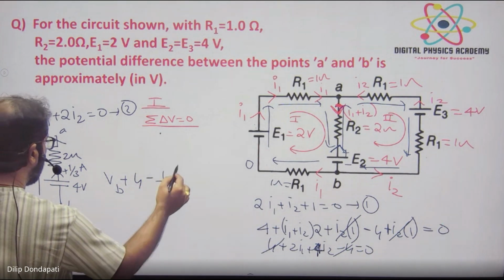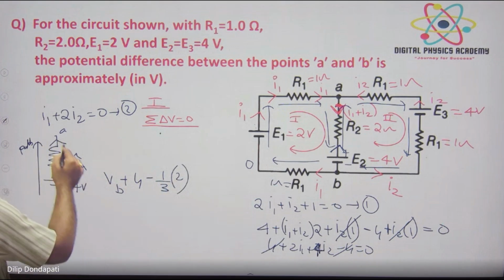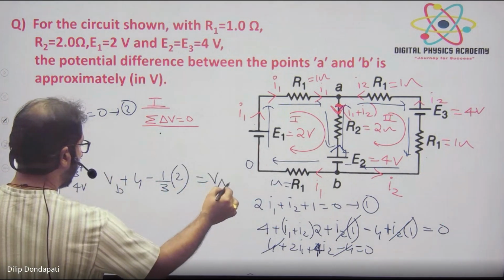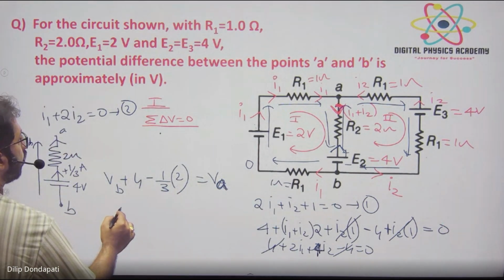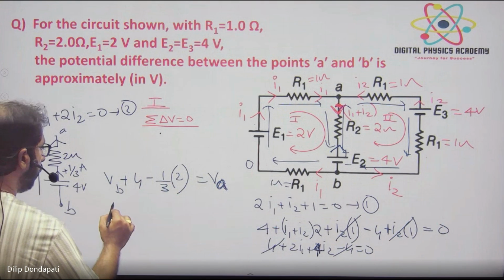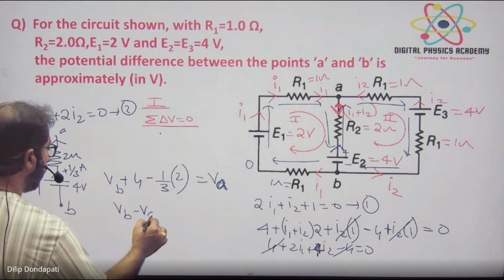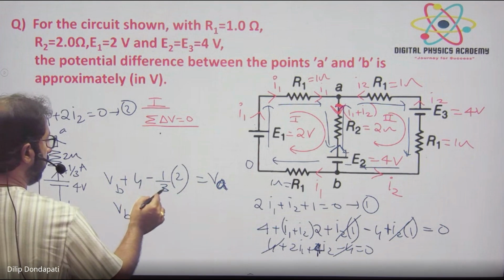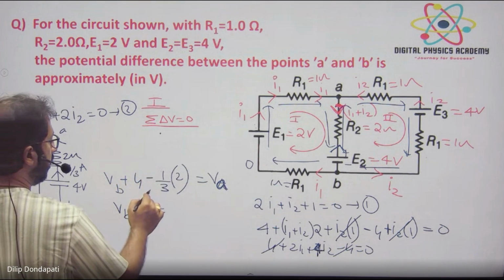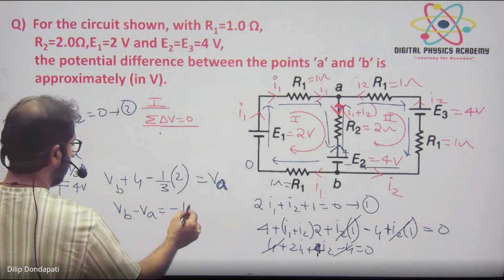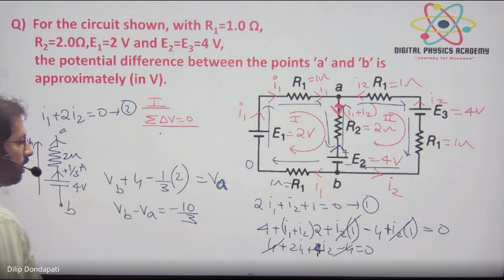So 1/3 times of 2 is equal to VA. So VA. Okay. So कितना VB minus VA is equal to कितना होगा, 12 minus 2 is 10/3, right? So उधर गया तो -10/3 VB minus VA.